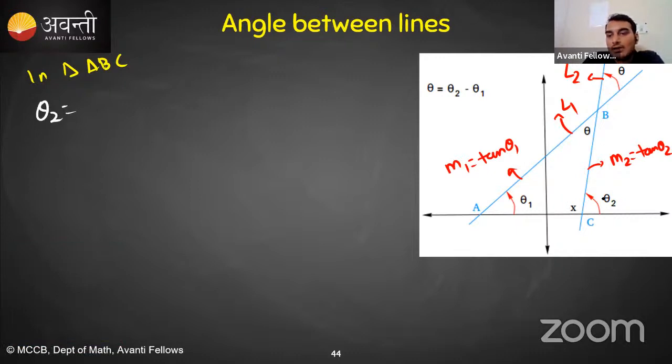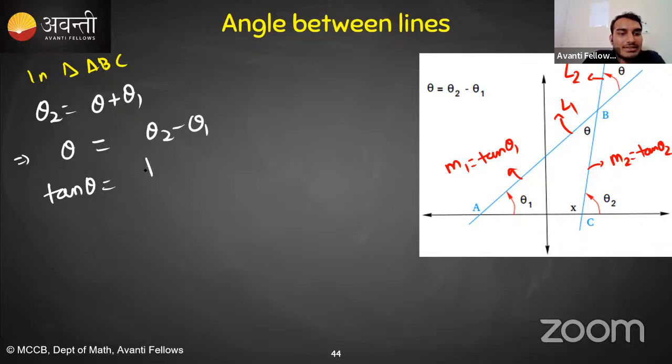The interior angles opposite to theta 2 are theta and theta 1, so theta 2 equals theta plus theta 1. Clear? So it implies theta is nothing but theta 2 minus theta 1. Is this clear? So if theta is equal to theta 2 minus theta 1, then tan theta will also be equal.